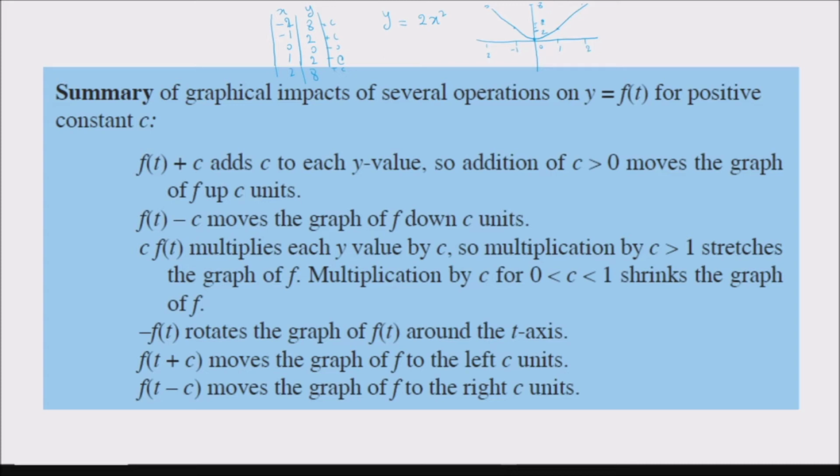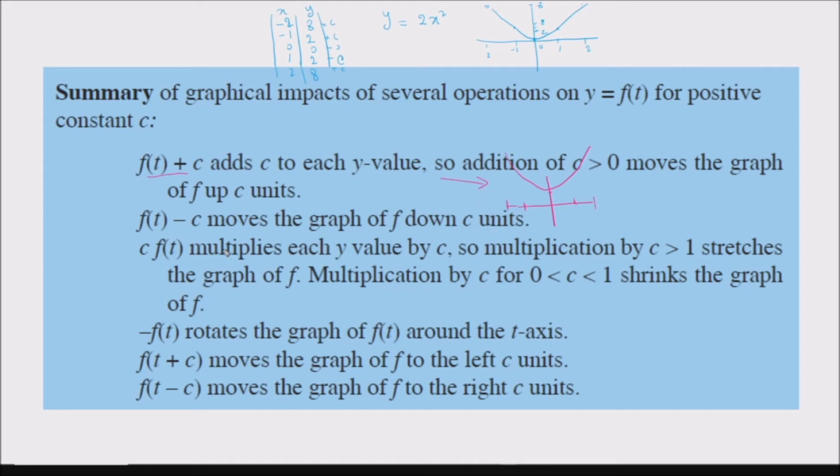If I add c, and c is greater than 0, obviously everything moves up by c, so I get something that looks like this. The chart is going up. It won't change the x value because the x values stay the same, but the y value is going up, so the chart moves up like this.